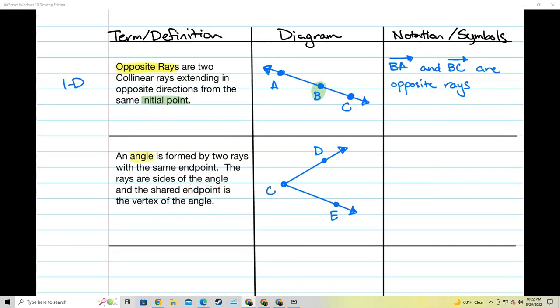So because this is the endpoint of this angle and it shares both rays, then we say that that endpoint right here is the vertex. So I'm going to go ahead and there's another sneaky vocabulary word right there. That vertex is that point C because it's the shared point between the two rays. It's the shared endpoint between the two rays.